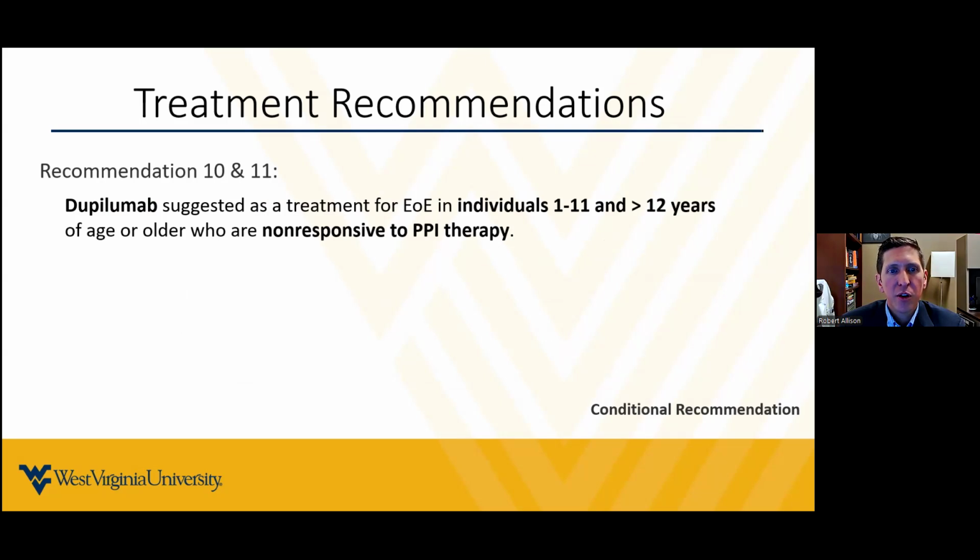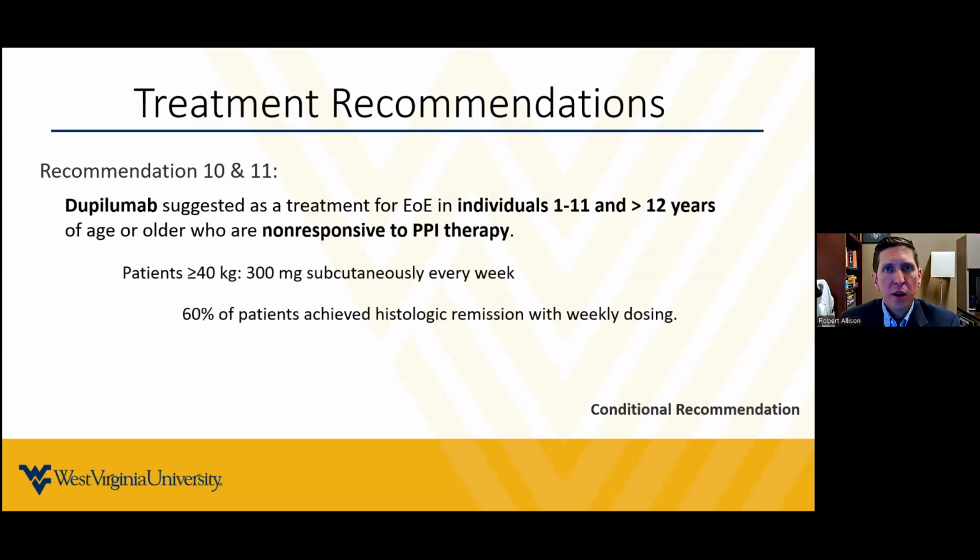And these are specific to people that are non-responders to PPI therapy. So when you're talking about adults or any child greater than 40 kilograms, it's 300 milligrams sub-Q once a week. And they have pretty good histologic remission, again, 60% here, kind of in line with PPIs and topical steroids.